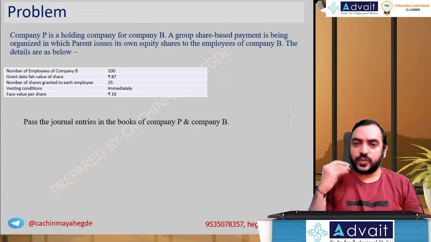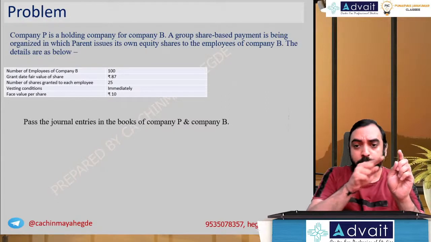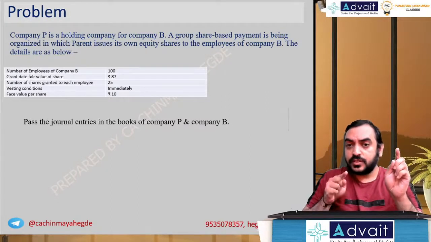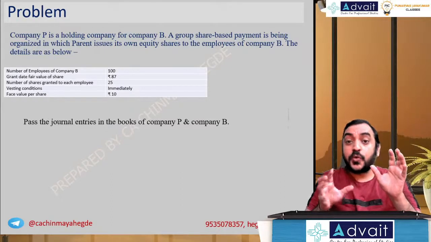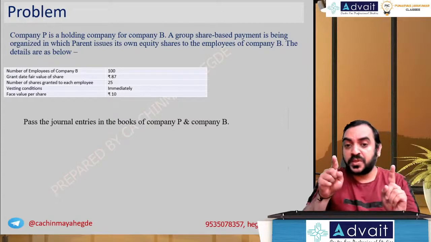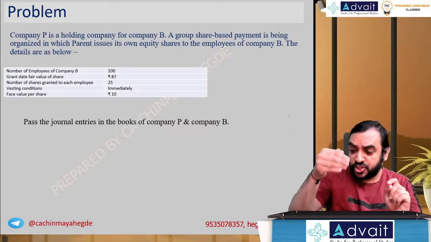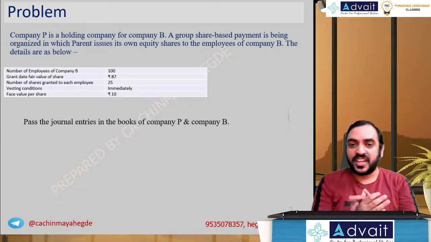It's a repetition. I'll quickly tell you once more. The parent company issues the shares to the employees of the subsidiary company. So it is to be accounted like the holding company giving the shares to the subsidiary company and the subsidiary company issuing the shares to their employees. That is how the chain should be accounted.